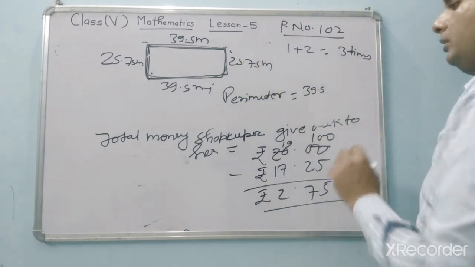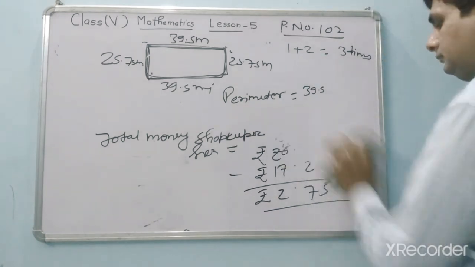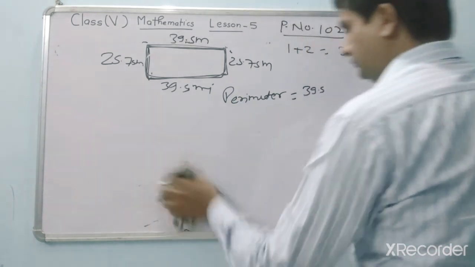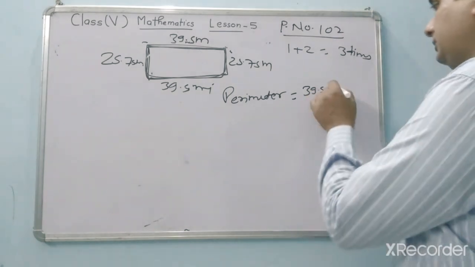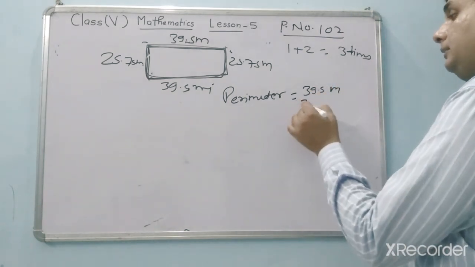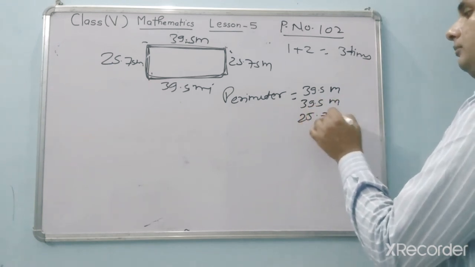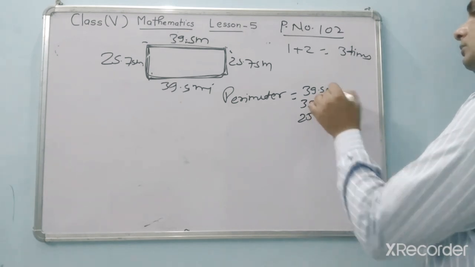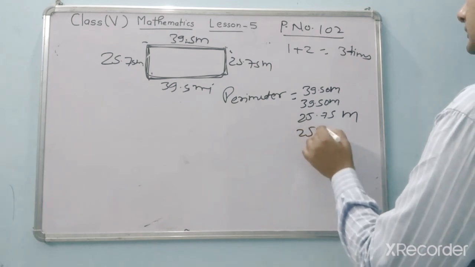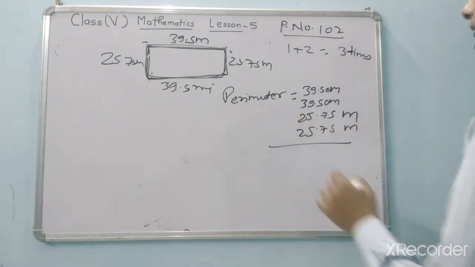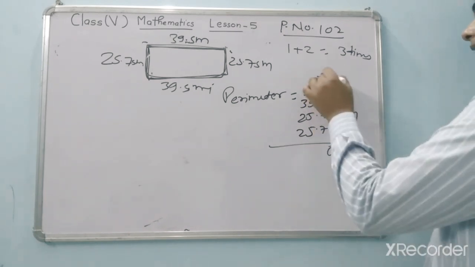39.5 meter, then 39.5 meter, then 25.75 meter, then 25.75 meter. So we have to add. So 0 plus 0 plus 5 plus 5, 10, 0, 1 carry.